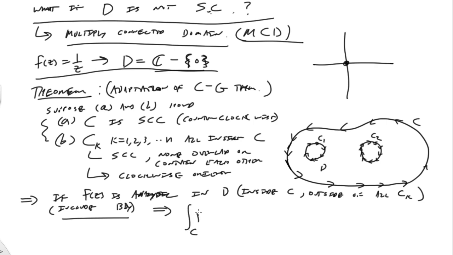The integral over C of f of z dz, plus the sum over all of these subcontours, k equals 1 all the way to n, of the integral of f of z dz, is equal to 0.